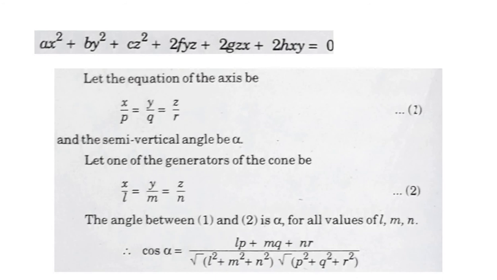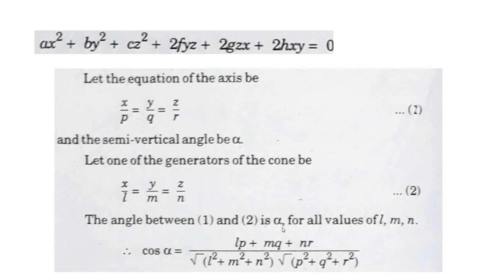So you consider the given homogeneous equation. Let the equation of the axis be. So இப்போ semi-vertical angle இதெல்லாம் assume பண்ணுறோம். Let the equation of the axis be. And let one of the generators of the cone, இதெல்லாம் l, m, n are the quantities which we assume.